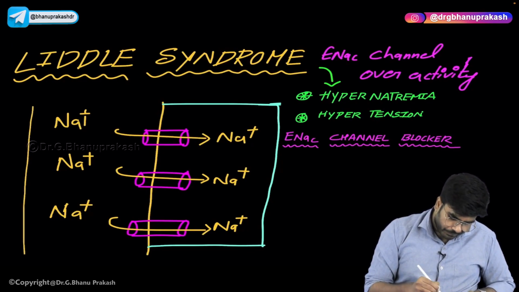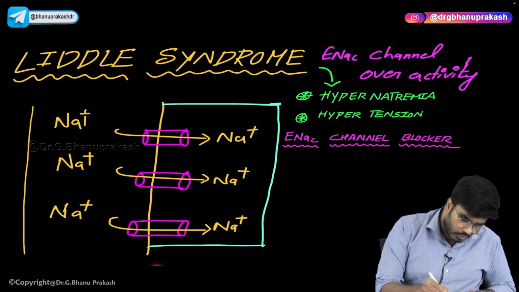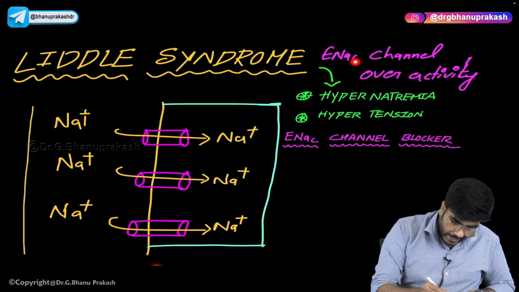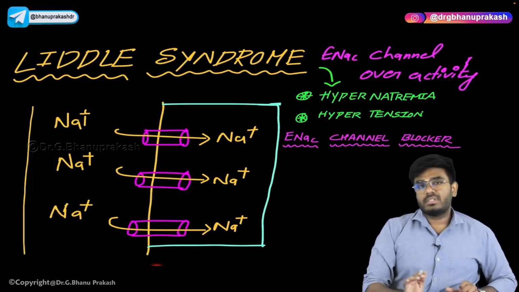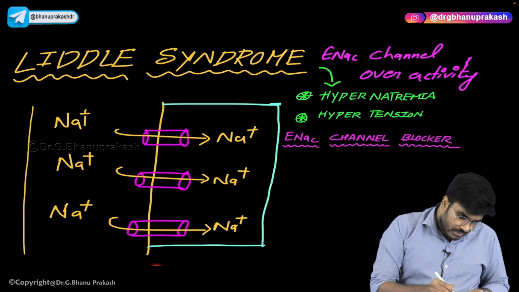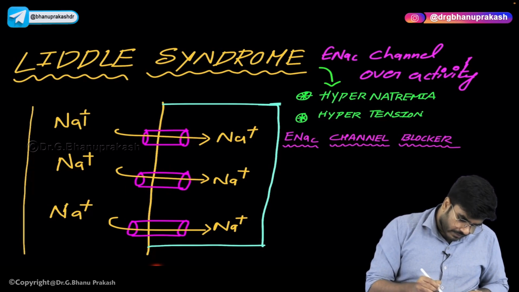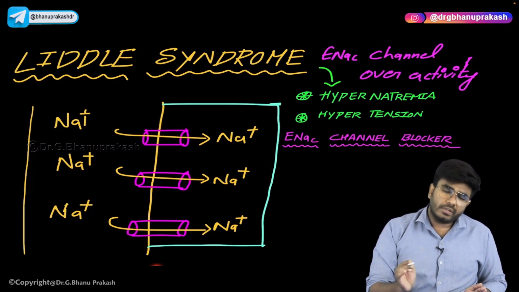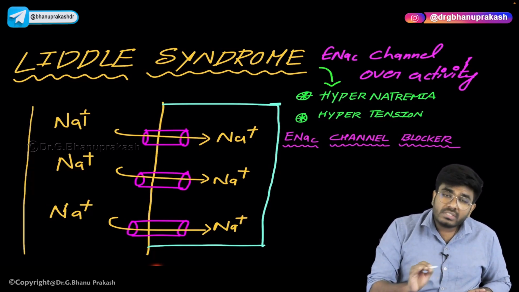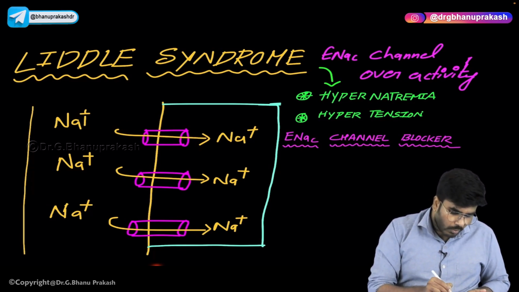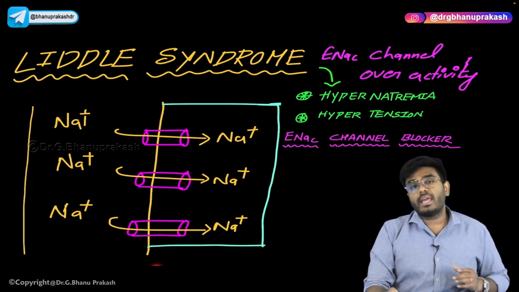I have already discussed this with you. Liddle syndrome is the condition where ENaC, epithelial sodium channels, are overactivated. So what happens? If these epithelial sodium channels, these violet color channels, are continuously working, they are continuously reabsorbing the sodium and the water. If more and more sodium is getting reabsorbed in the body, what happens to the sodium levels?